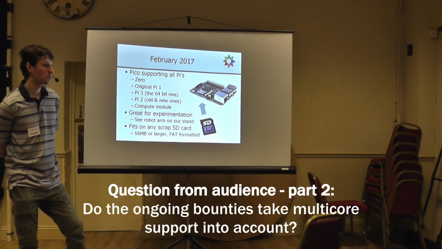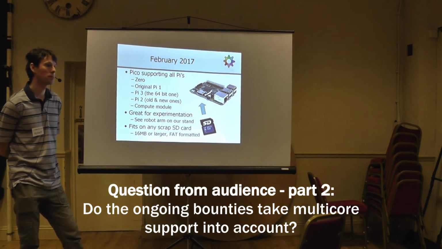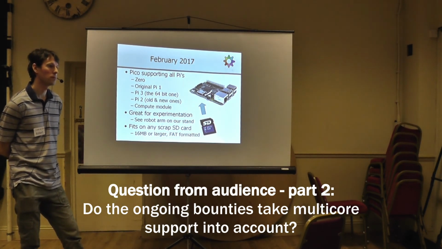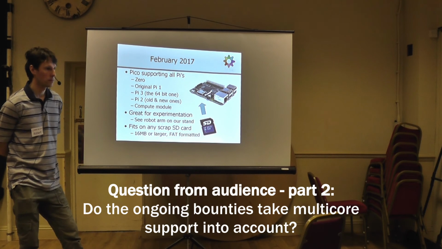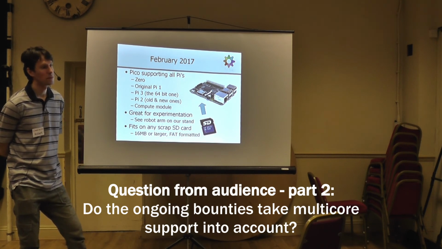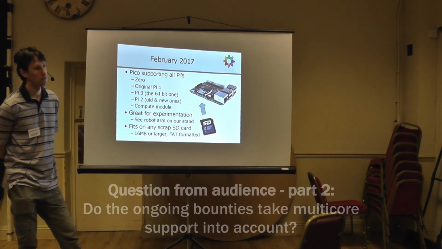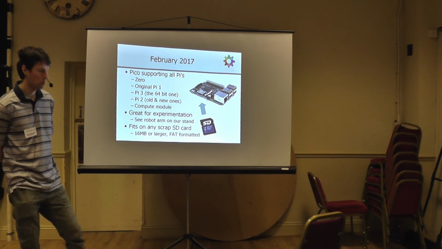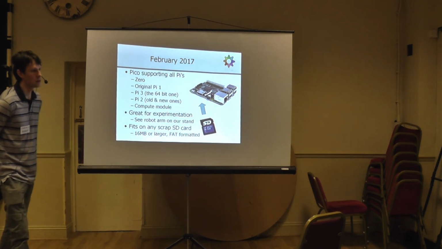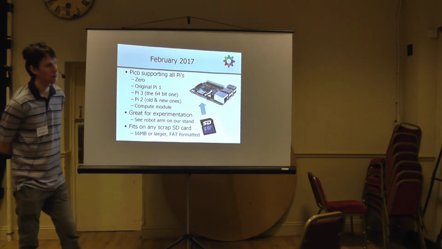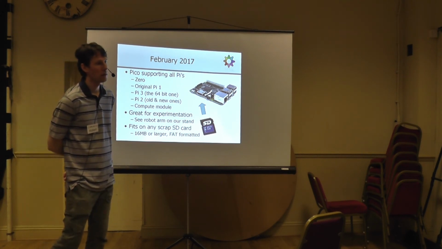And secondly, some of the bounties that are going on, like the USB stack and the network stack, would they have in mind if they could run on a separate core in this multi-core element? So some of the underlying work may get moved over into that area as well.